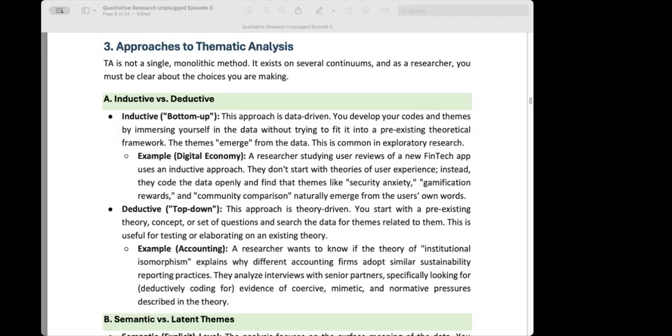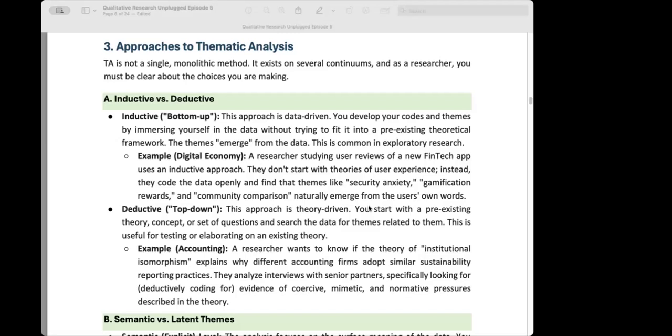So for instance, if a researcher is studying user reviews of a brand new fintech app, they might use an inductive approach, right? They wouldn't necessarily start with established academic theories of user experience. Instead, they would just openly code the data, reading through hundreds, maybe thousands of user comments, and perhaps discovering completely unexpected themes, like maybe security anxiety, based on recurring concerns about data protection practices they hadn't even considered.